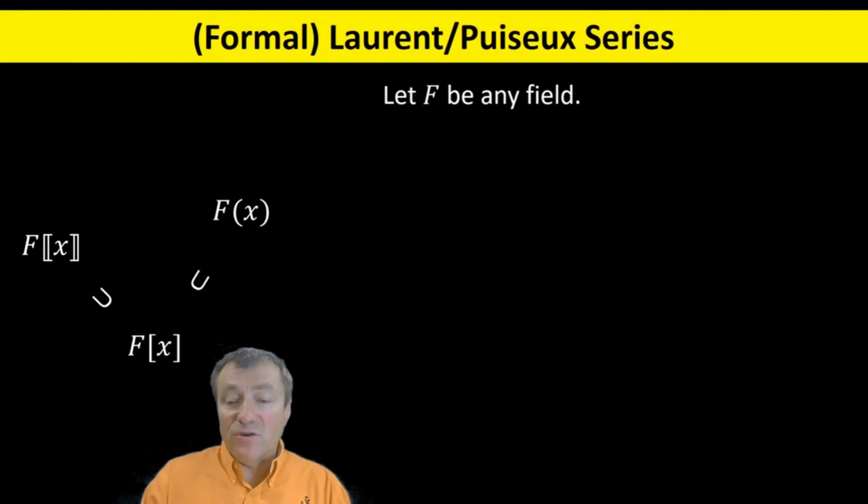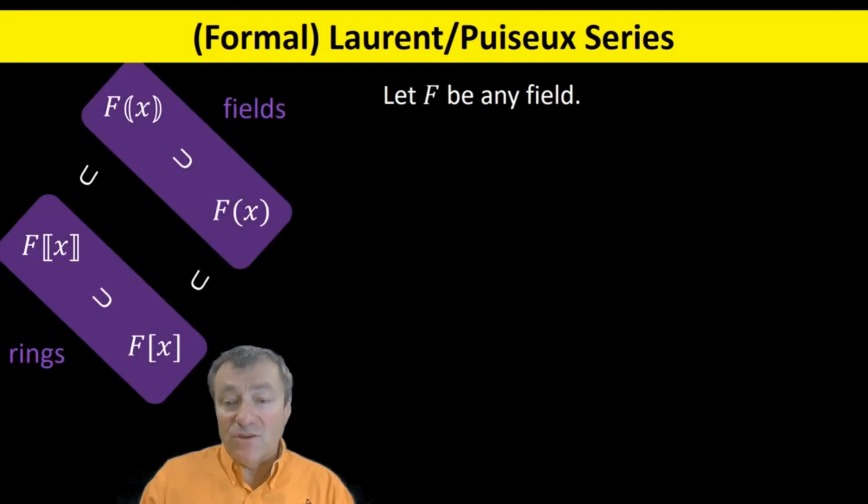All of these have coefficients in our chosen field, F. And then there is one thing that goes on top of this picture to complete what's going on. This is a very natural idea, but unfortunately there's not really one good standard name for it in the literature. The symbols are standard, but the names can vary depending on who you talk to.